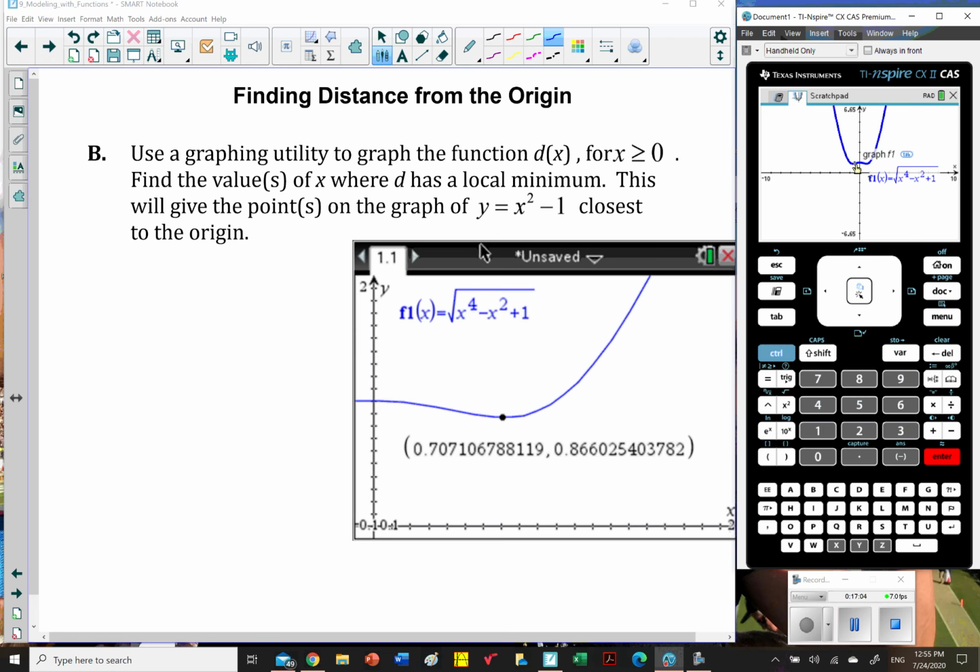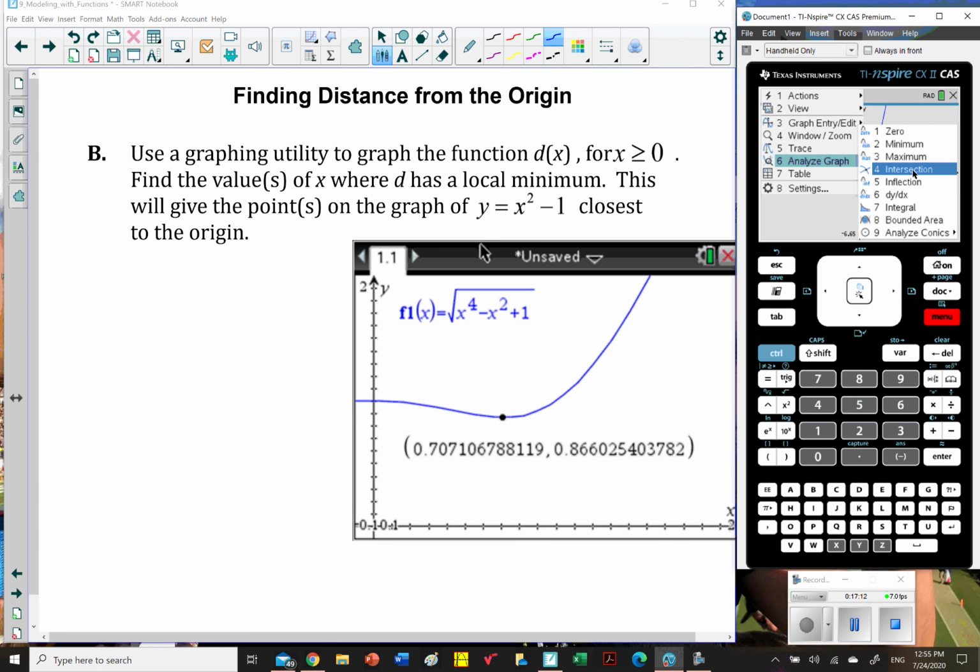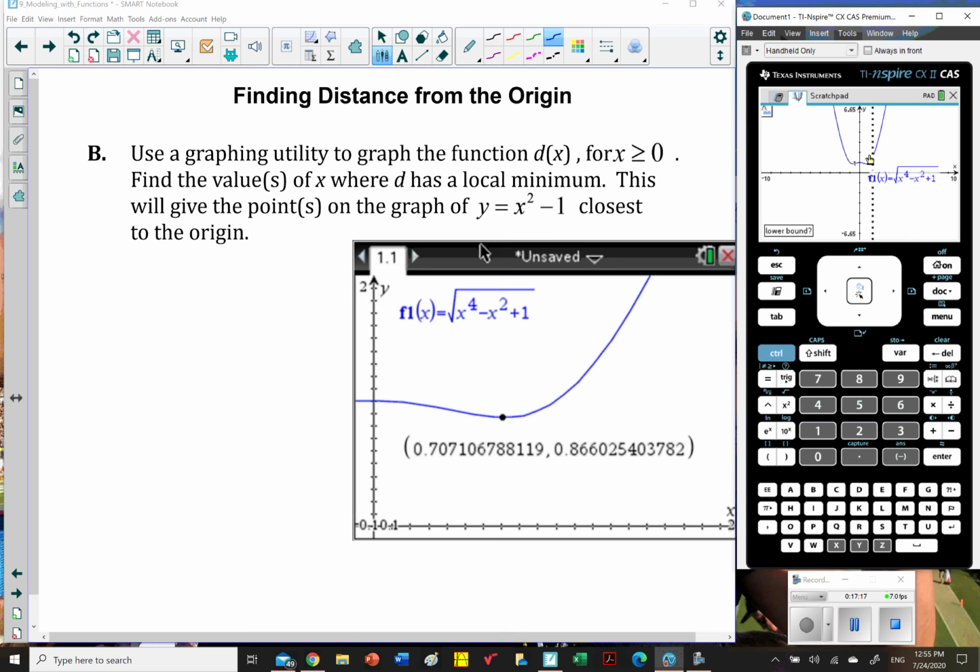And it's going to give us that graph. I've zoomed in here really closely, and we should use the menu, analyze, and we're looking for the shortest distance, so that would be a minimum value. And you can see that I've come up with those same answers.